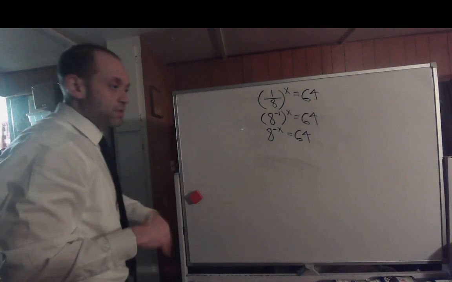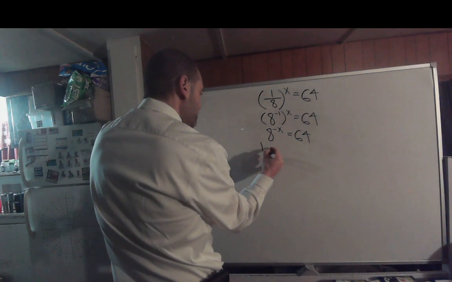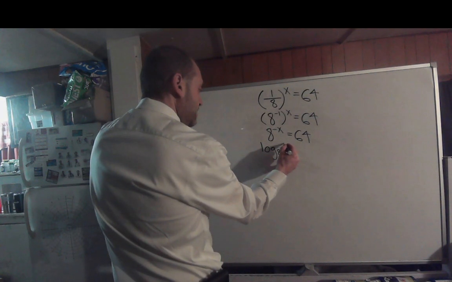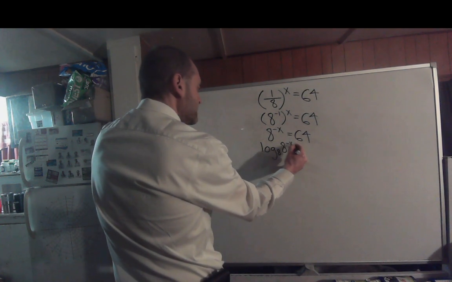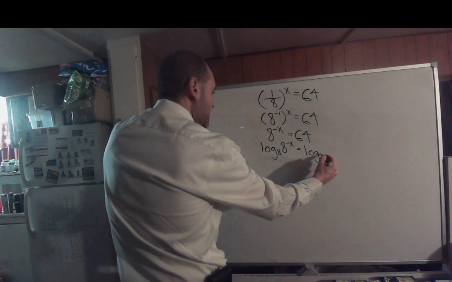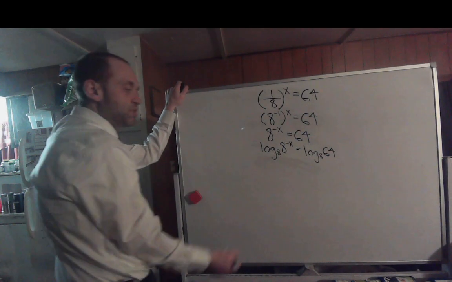Alright, now the base with the variable is 8, so we have to take log base 8 of both sides. So log base 8 of 8 to the negative x would equal log base 8 of 64. So on the left side, you got the power rule.